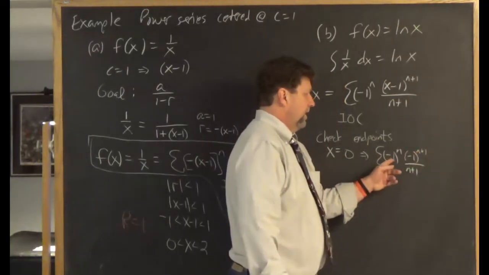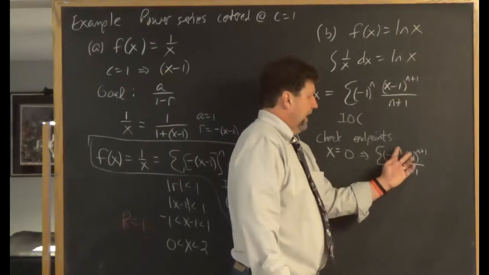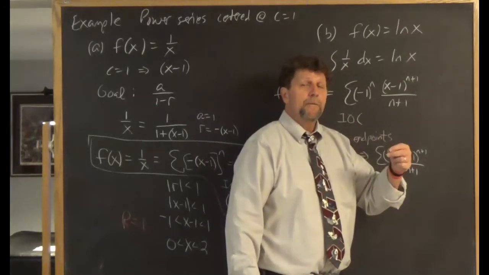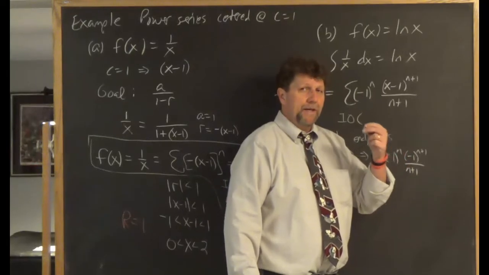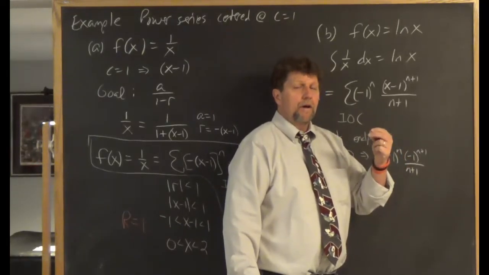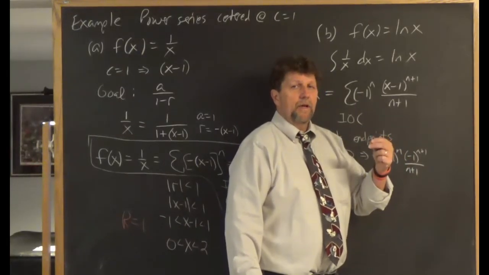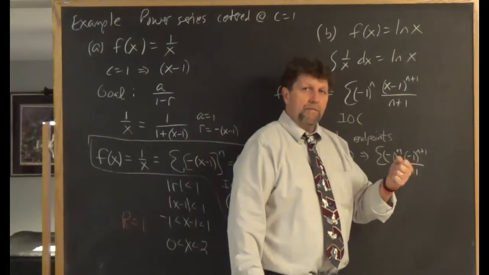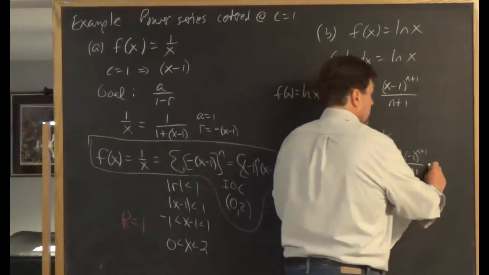This would be rewritten, bases are the same, you're multiplying, add the exponents, you'd have -1 to the 2n plus 1. 2n plus 1 is always an odd number. So -1 to an odd number is just simply always going to be -1.